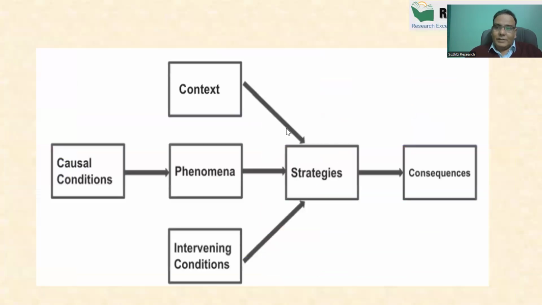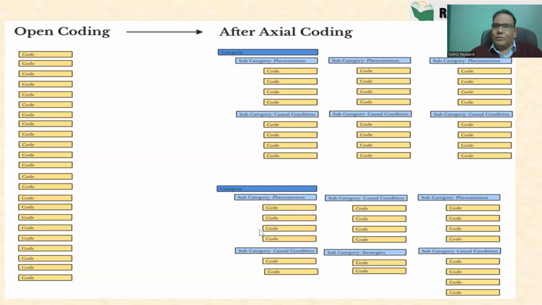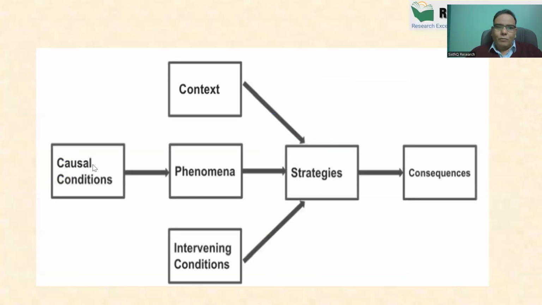And once you make the categories and subcategories, you have to build a model, converting all the themes into a model. And it is expected from you. So whenever you are doing any grounded theory approach, it must end in a model. These are the causal conditions, meaning independent variables.